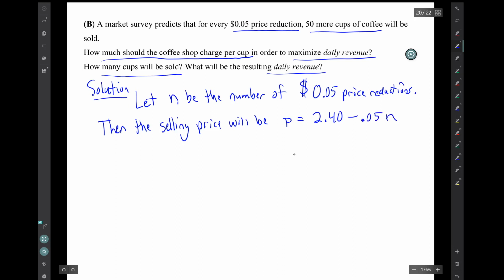If n is the number of 5-cent price reductions, then the selling price will be $2.40 minus 0.05 times however many times you've lowered the price by 0.05.